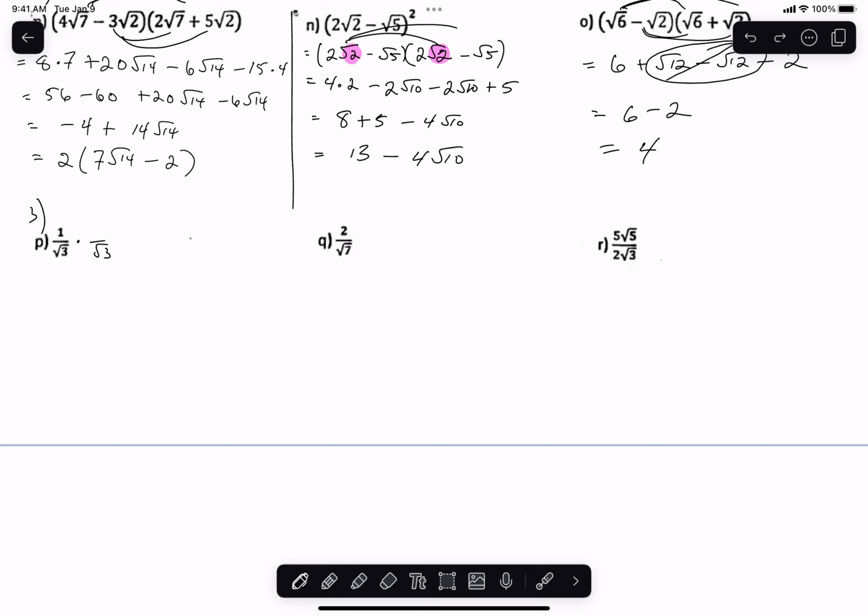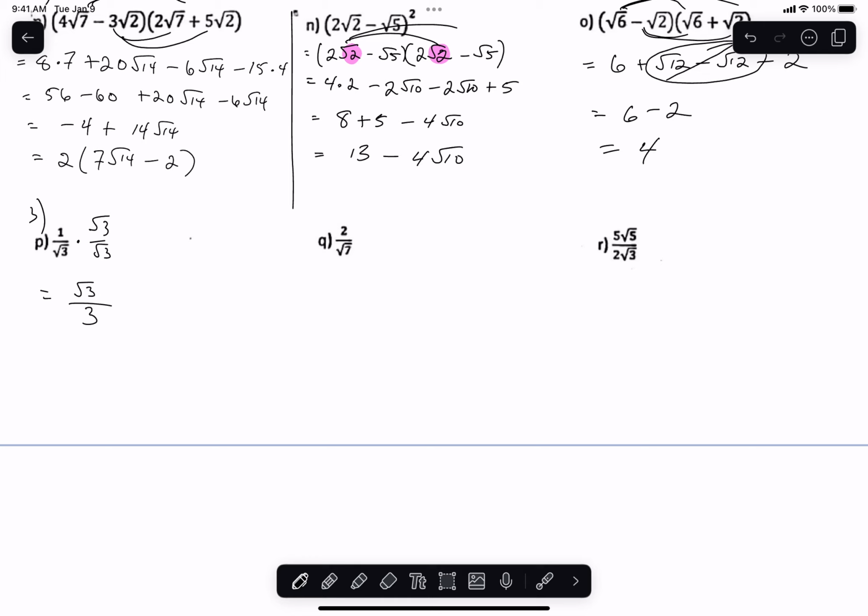But much like when we're creating a common denominator, I can't just choose to multiply by root 3. I'm going to need to multiply by root 3 over root 3, right? And so when I do that, that's the equivalent of multiplying by 1, which is how we manipulate this. Okay, and essentially what I'm going to get here is the simplified version is going to be 1 times root 3, which is root 3, over root 3 times root 3, which is just 3 in the denominator.